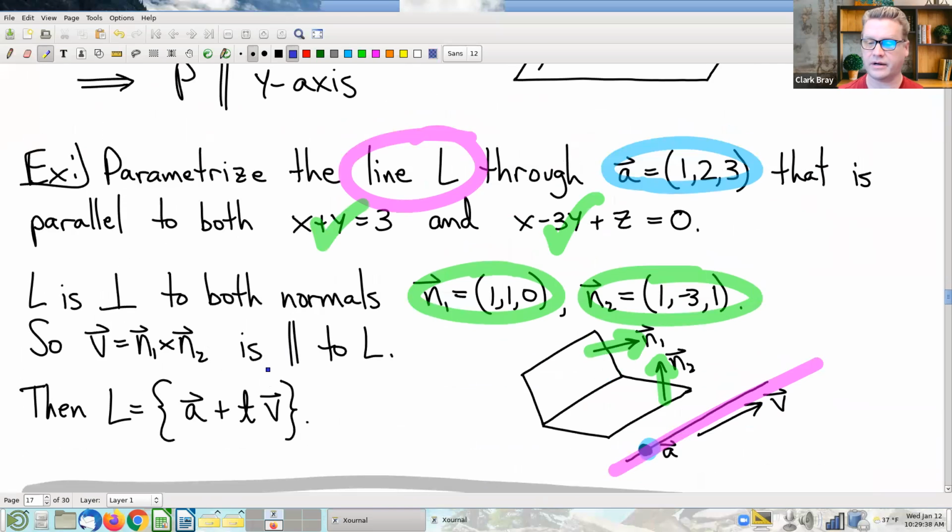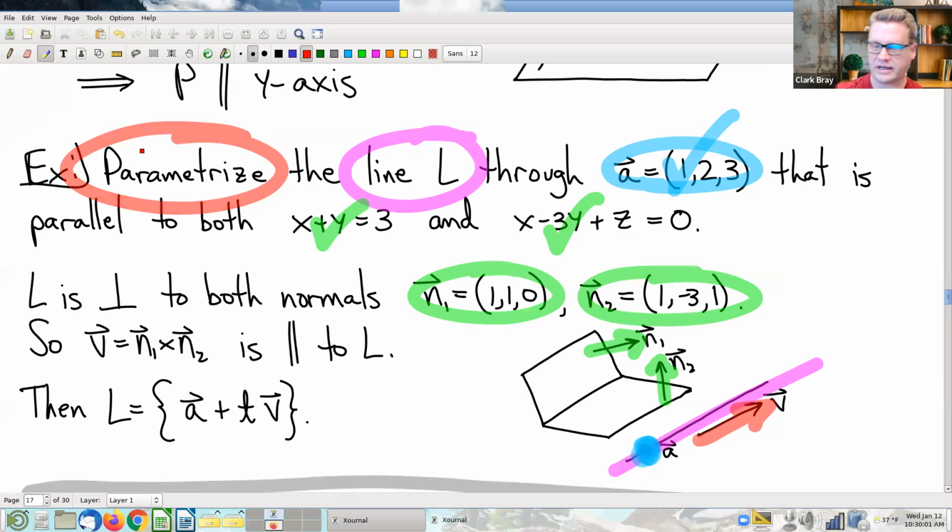Yeah, so let's see here. We have these two normal vectors and we have the point A. What do I need? Well, to understand this line, I need a point on the line, which of course I'm given. But I also need a vector parallel to the line, because that's how we parameterize lines, with a vector parallel to it.